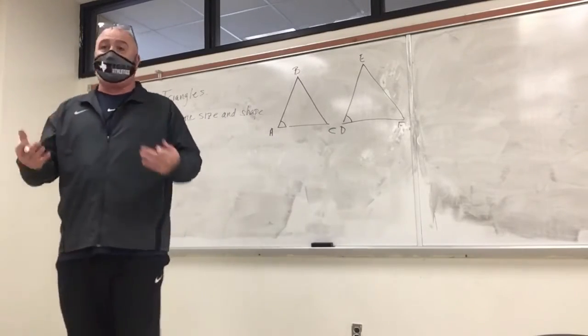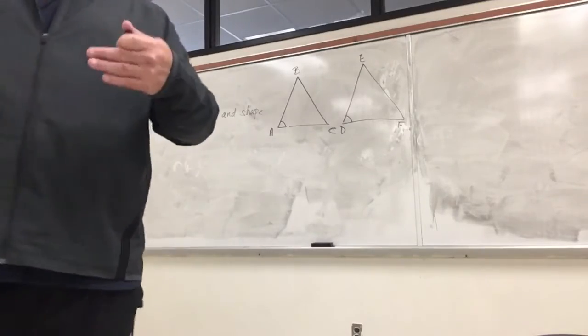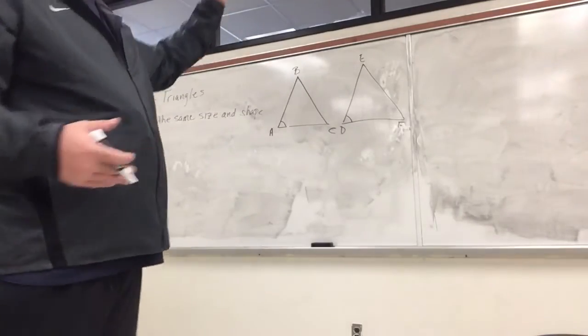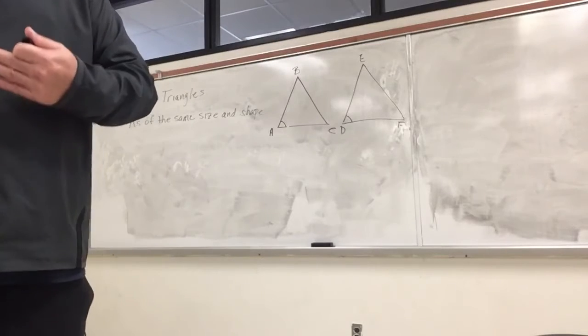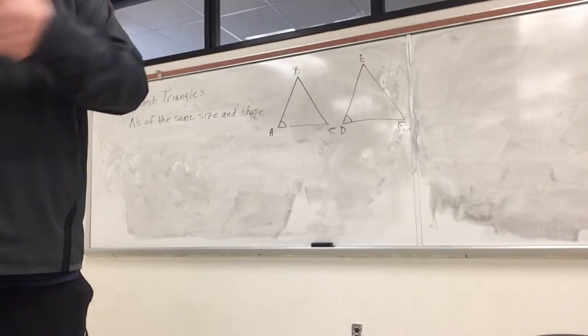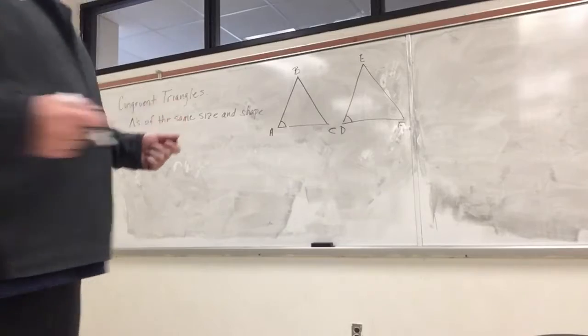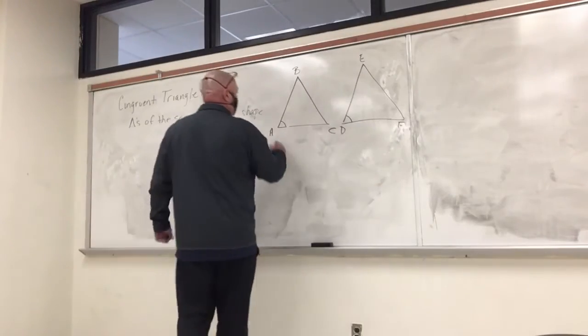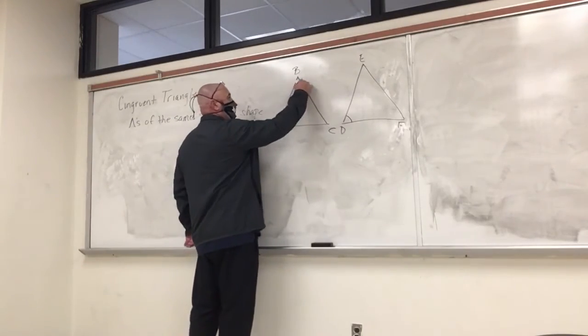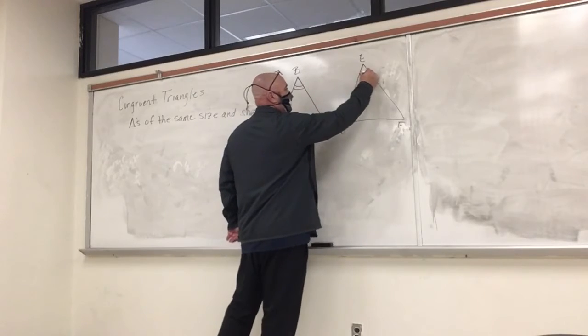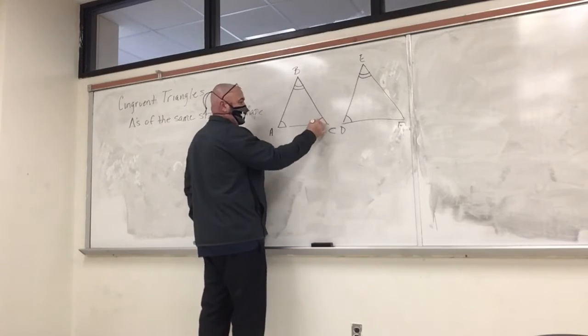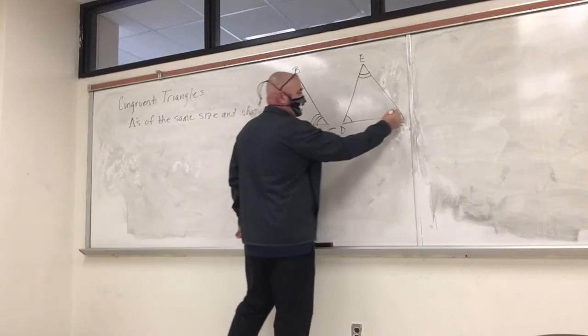Or I must be told that it's congruent. So you must be told that angle A is congruent to angle D. That makes it so. You cannot assume anything in geometry. Okay? So we're going to show that A is congruent to D. I'm going to show that B is congruent to E. And I'm going to show C is congruent to F.